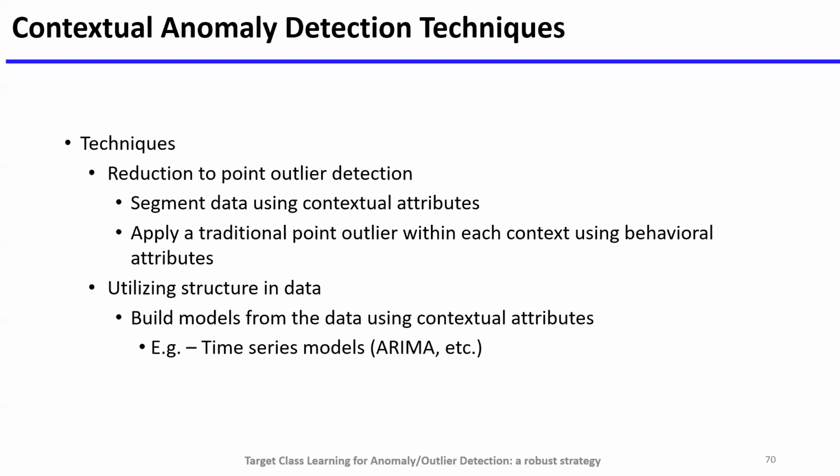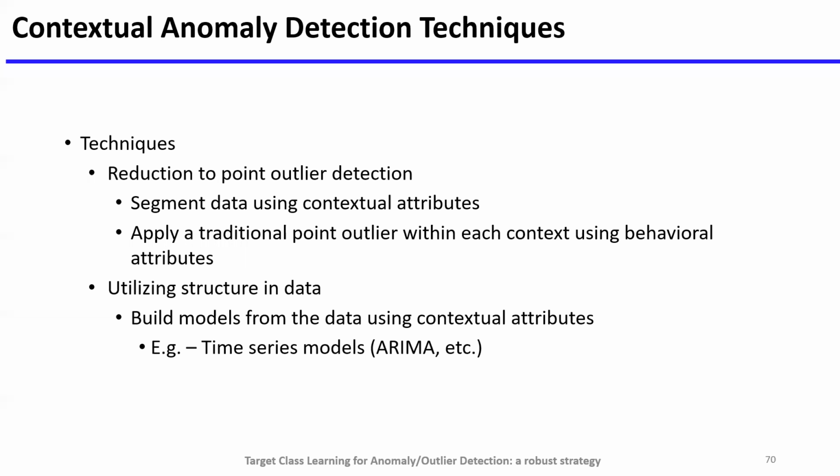So there are some methods to deal with contextual anomaly detection techniques. The first method is that we simplify the contextual anomaly detection technique to the point outlier detection technique. Here we segment the data using contextual attributes, and then we apply the traditional point outlier detection within each context using the behavioral attribute.